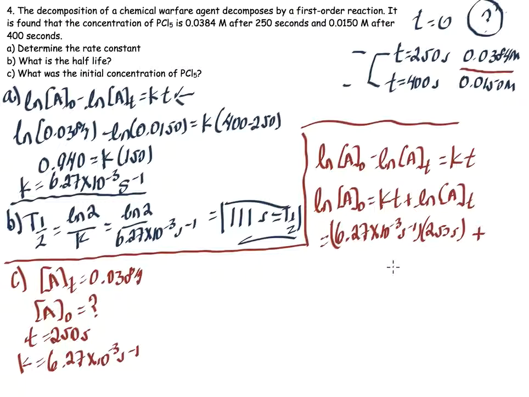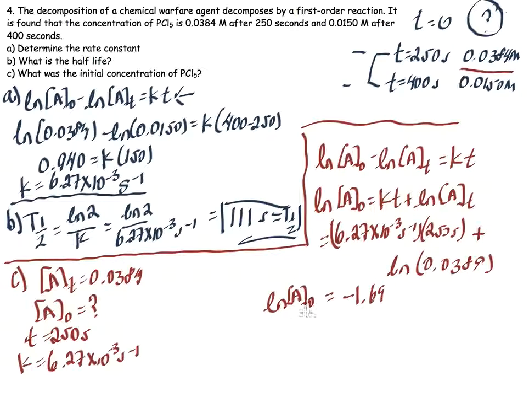And we want to add the natural log of the concentration, 0.0384. And so if you plug that all into your calculator, you should get negative 1.69. Okay, and that's equal to the natural log of the initial amount.